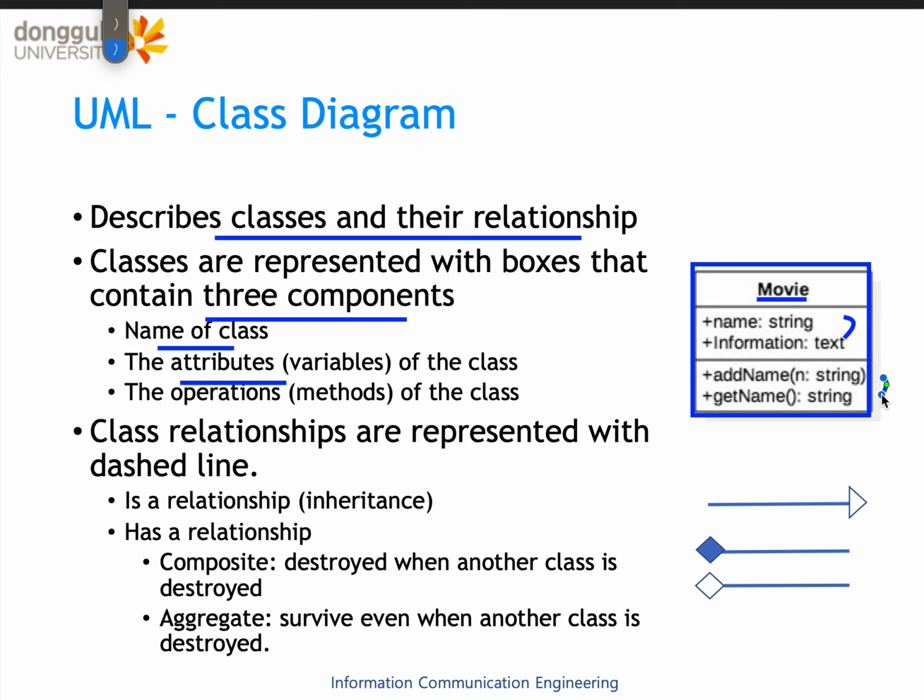In a class diagram, they don't contain any source code, any logic, any routine. It just contains the name of the class, the names of variables, and the names of methods. In the previous class, I told you that one class includes a name, attributes, and behavior, like methods. So this class diagram includes such information as the names of variables and methods.